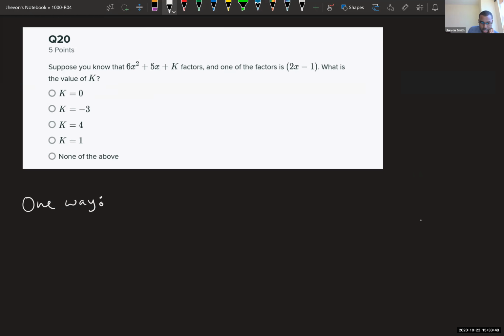If I know that this factors, we know that 6x squared plus 5x plus k factors into 2x minus 1. And in order to get the 6x squared, I know there must be a 3x here. But I don't know what the constant term needs to be. However, if I could figure out that constant term, I would be able to tell you what k is. So I'm going to call that another variable.